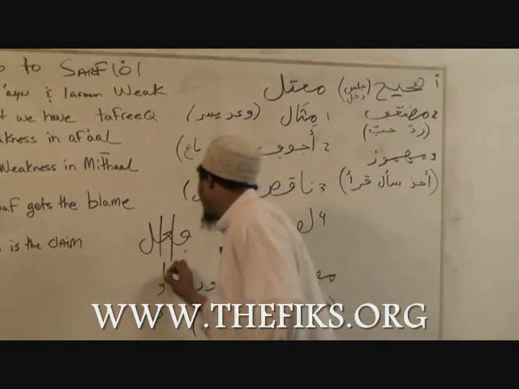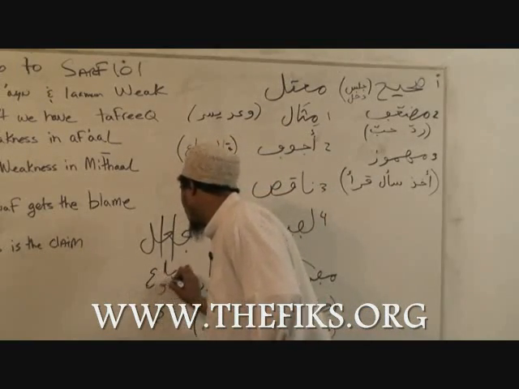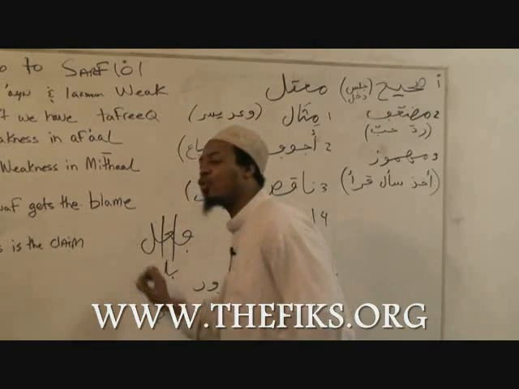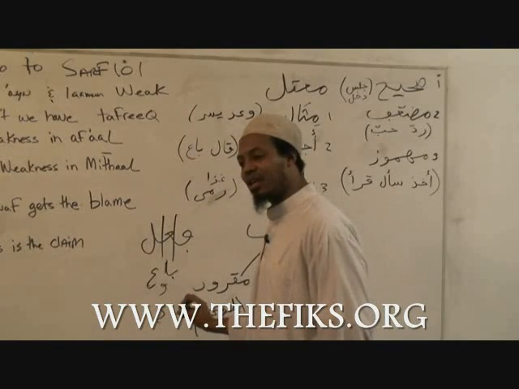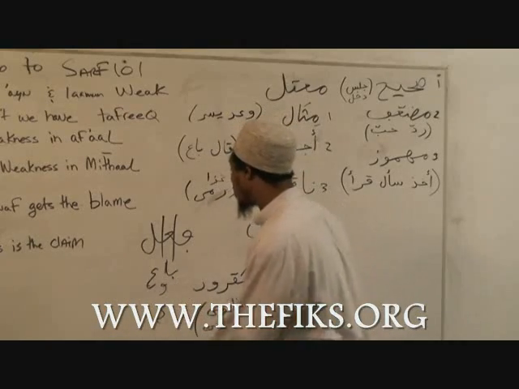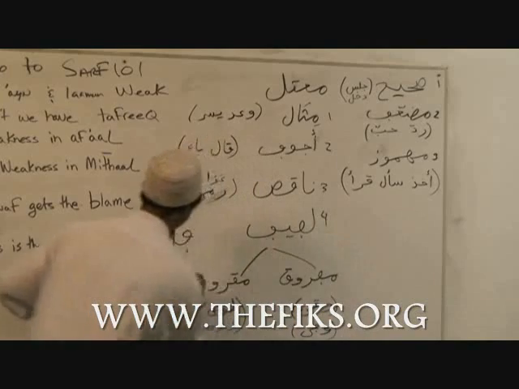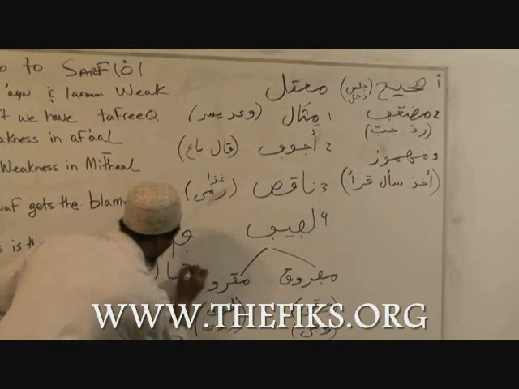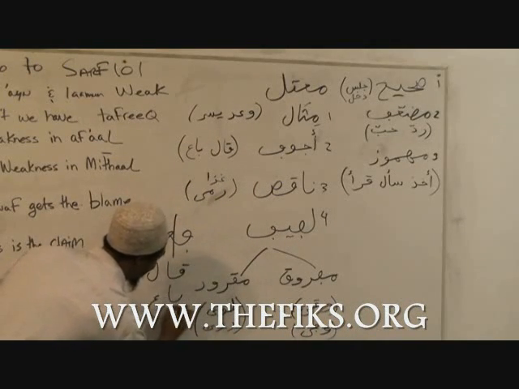So we would say ba'a yabi'u, or qala yaqulu, or qala yaqilu. We have these different words like that. Because of this, the ain of the verb, like qala or ba'a, is weak.